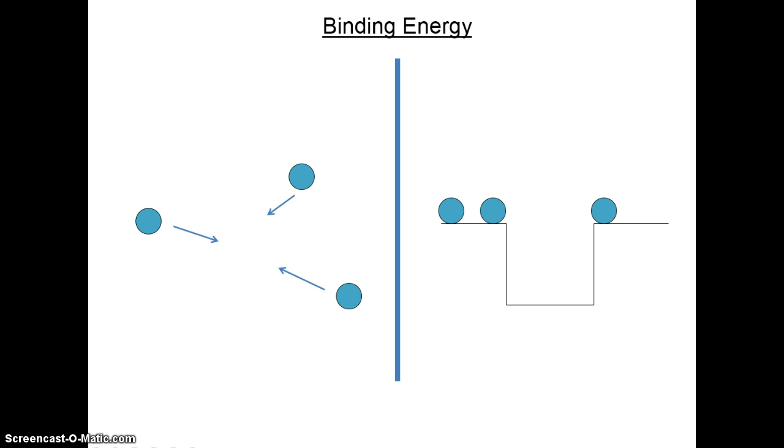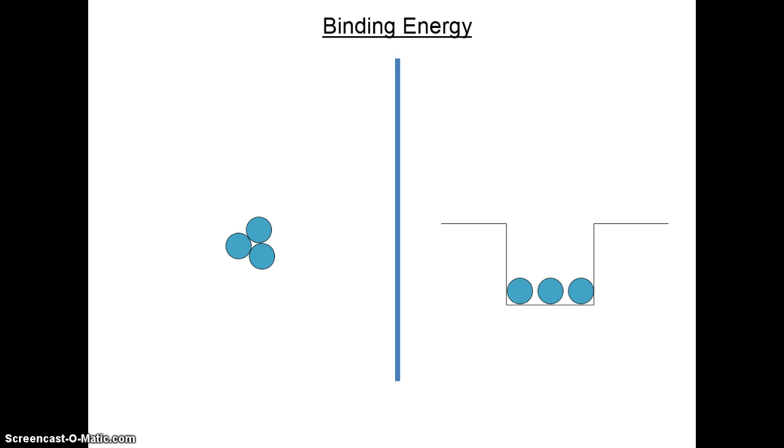When I bring my three nucleons together, my protons and neutrons, I form a nucleus, and those nucleons drop down into the well. So the nucleus forms, and they fall into the well. We've learned that when the nucleus forms, there is a loss of potential energy, and that energy can't just be lost, it has to turn into some other form.